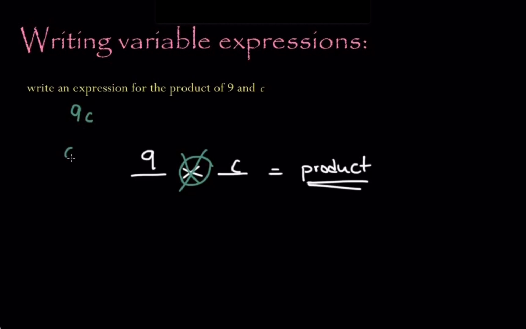You can never, ever, ever write C9, okay? You write 9C. We have 9 of C. And we can just skip the multiplication sign and just write it back to back. That means multiplication, means 9 times C. But for convenience, we just eliminate that and we just write 9C.